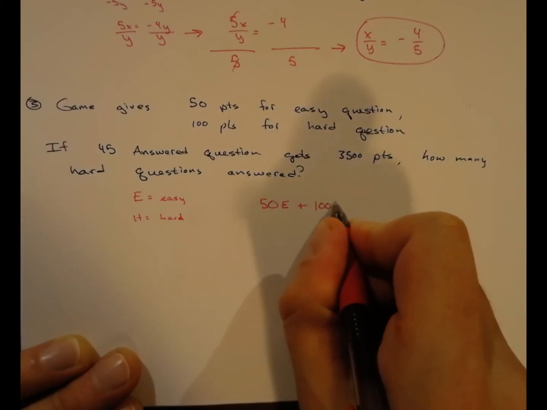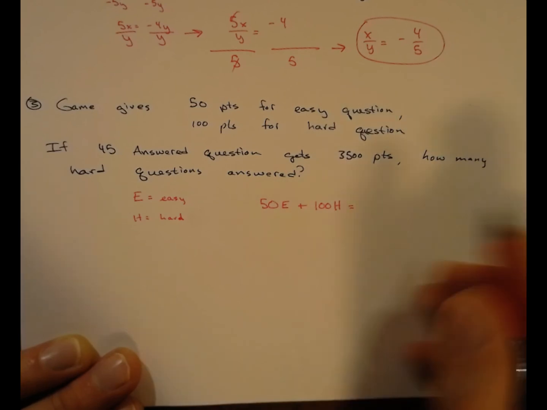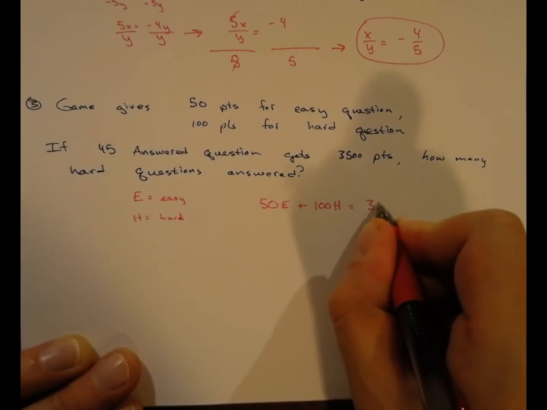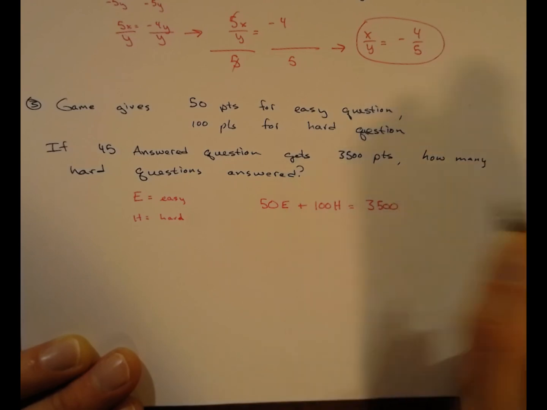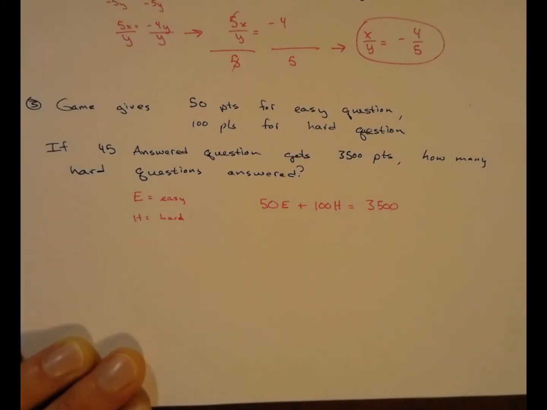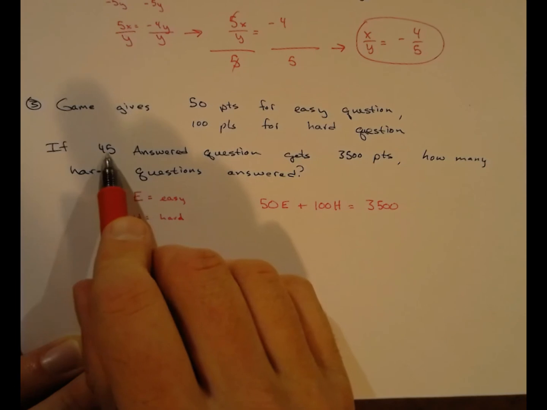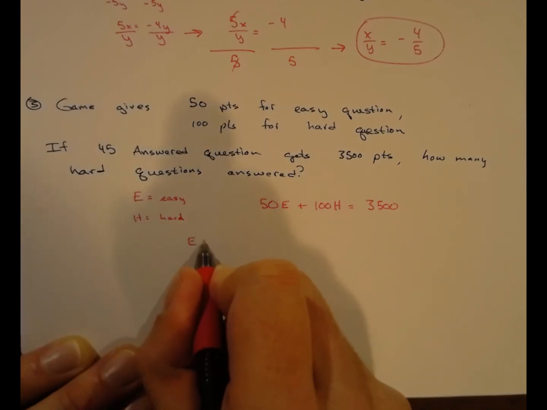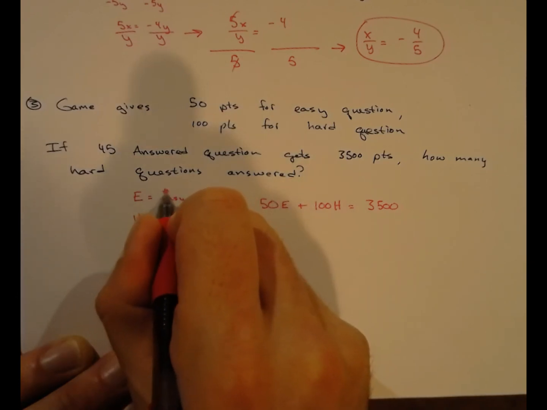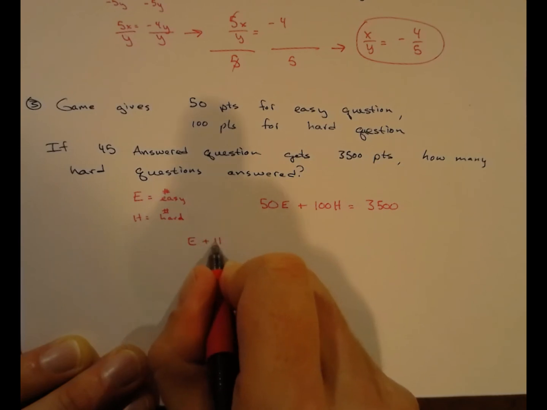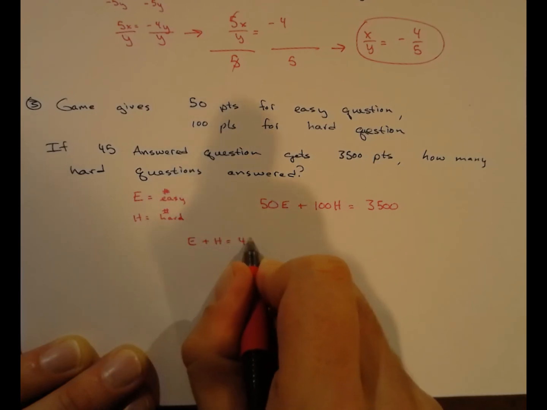And we know in total that this particular time around it's 45 questions, 3,500 points. But we also know this other little fun bit, that the number of questions in total, the number of easy questions plus the number of hard questions, add together to equal 45.